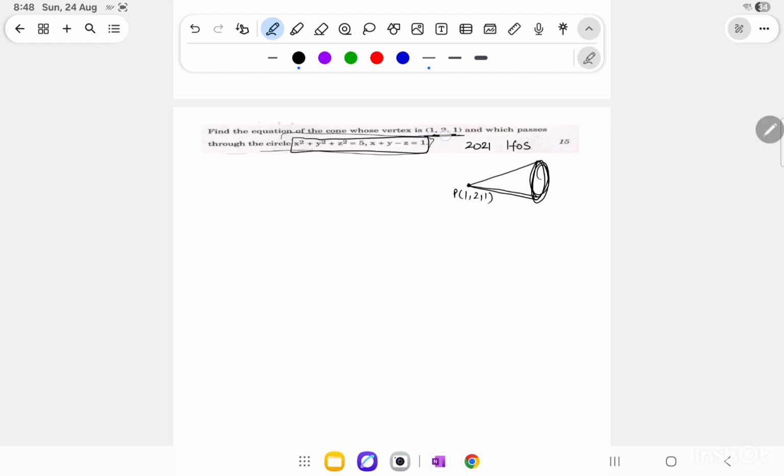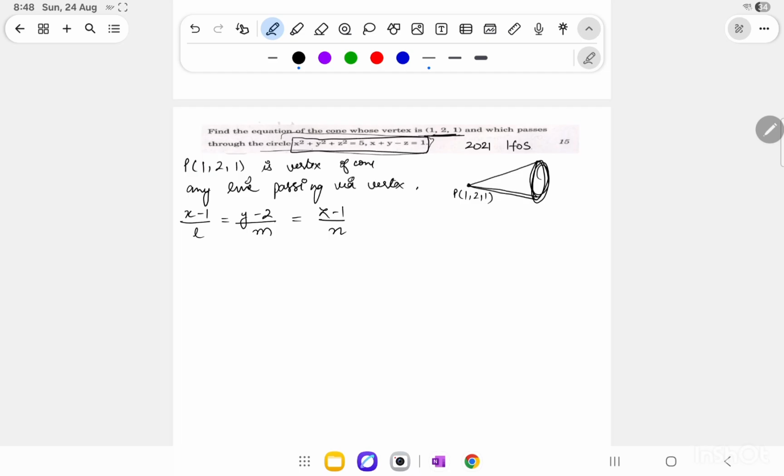We are supposed to find the equation of the cone. Since they have given us the vertex, we can find any arbitrary line passing through the vertex of the cone. P (1, 2, 1) is the vertex, so any arbitrary line passing via the vertex will be x minus 1 by l equals y minus 2 by m equals z minus 1 by n, where l, m, n are the direction cosines of the line.